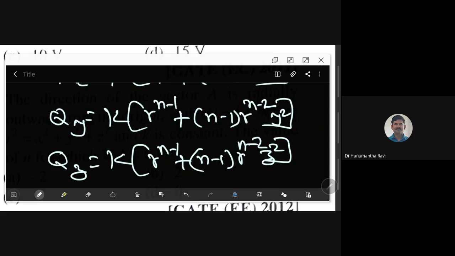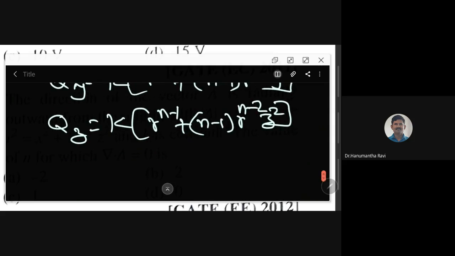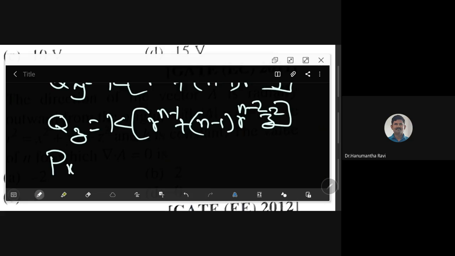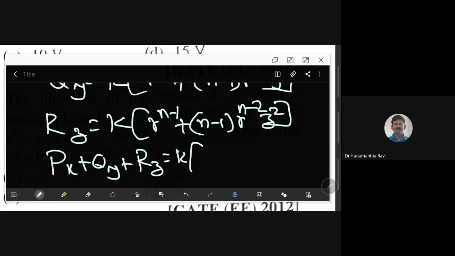If we add all these, the divergence of A bar is equal to k into [3 r power n minus 1 plus n minus 1 into r power n minus 2 into (x square plus y square plus z square)].